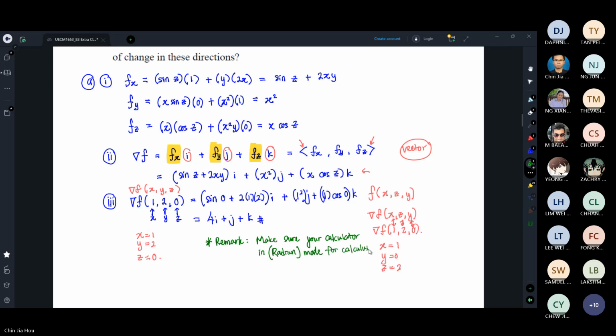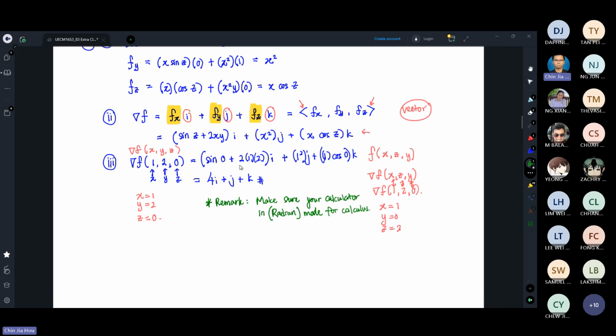In vectors, if you still remember, there are some questions that ask you to find the angle, right? For that angle, you should use degree mode. How many degrees? 60 degrees, 32 degrees, like that. But for calculus, most of the time, the numbers substituted into the trigonometric functions are in radians. So you need to make sure that your calculator is in radian mode when you do the calculation for differentiation and integration.